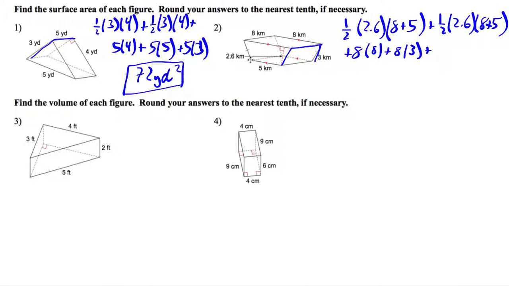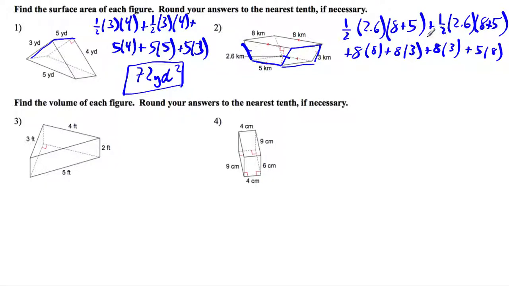Plus the other one over here. We can see these little tick marks tell me it's an isosceles trapezoid, so this must be 3. So we have another 8 times 3. And then finally this top base, which is going to be a 5 times 8. So we have a 2.6 times 13 divided by 2, times 2.